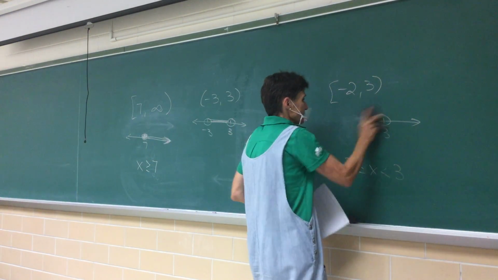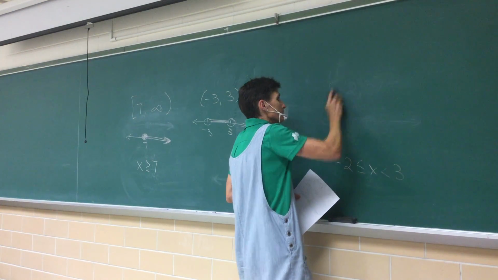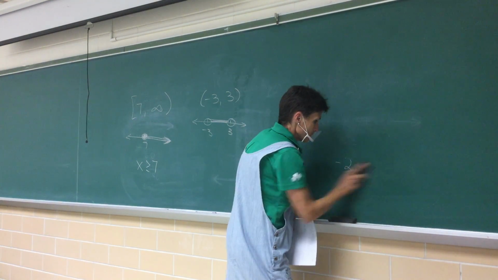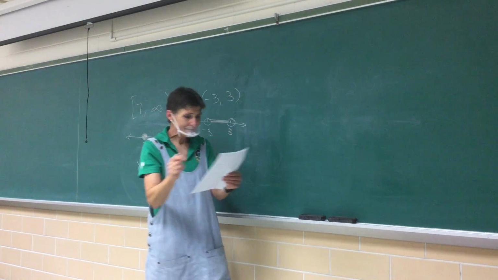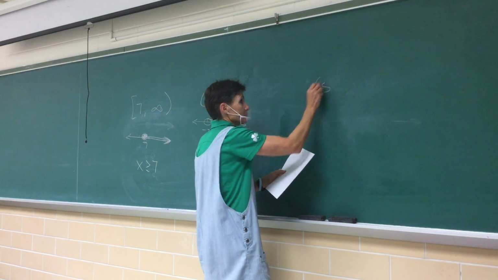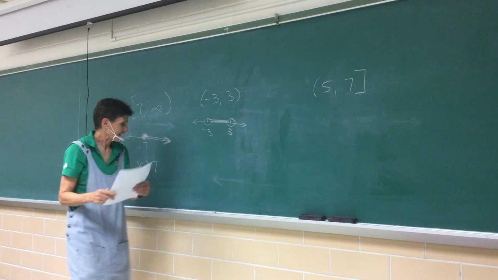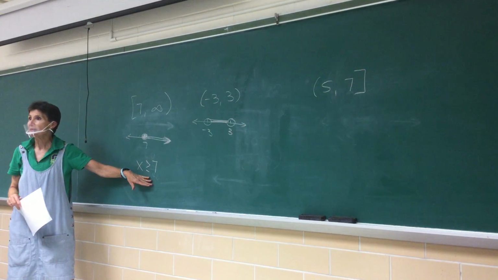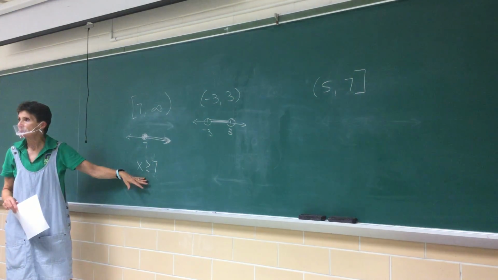All right, well that seems easy enough. Look at the next section now. Now, you are writing as an inequality. So what I mean by that is write it this way, with an X and less than symbols and stuff, okay?